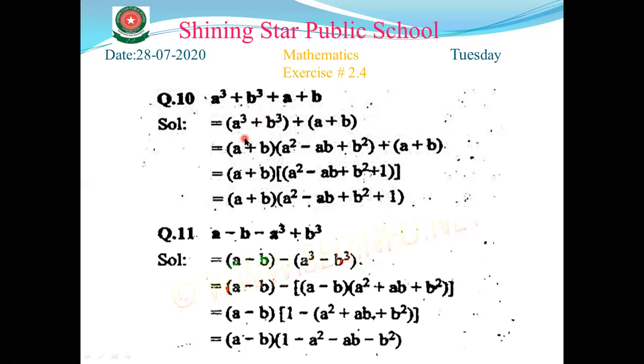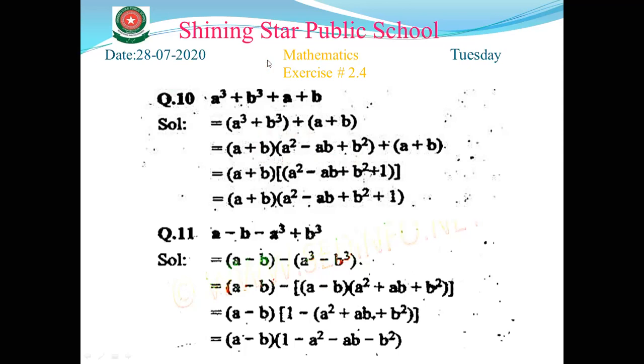Now, first we apply the formula for a³ plus b³ on this first bracket because we don't take common a plus b from this step. So first we apply the formula, and when we apply the formula we get (a plus b)(a² minus ab plus b²).